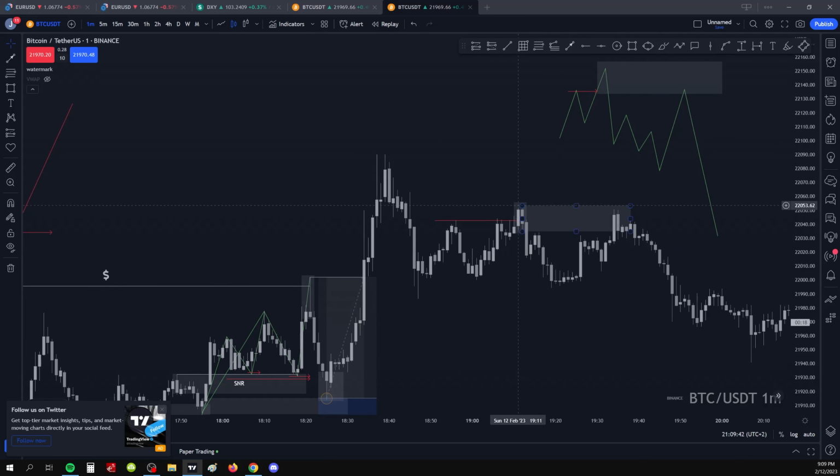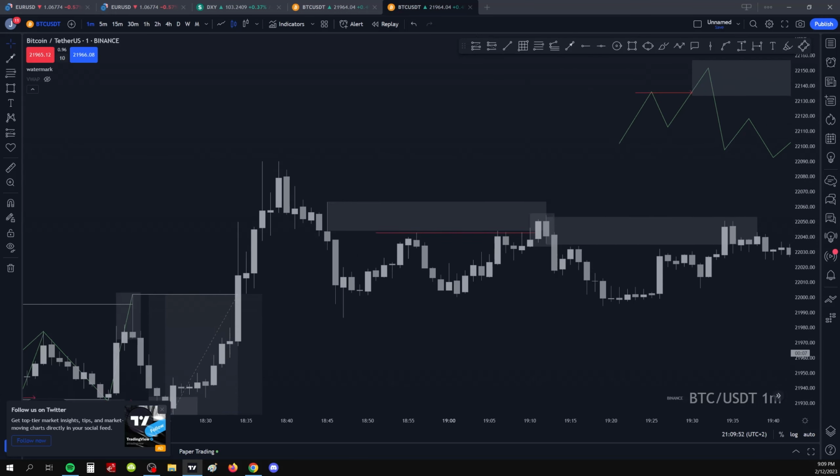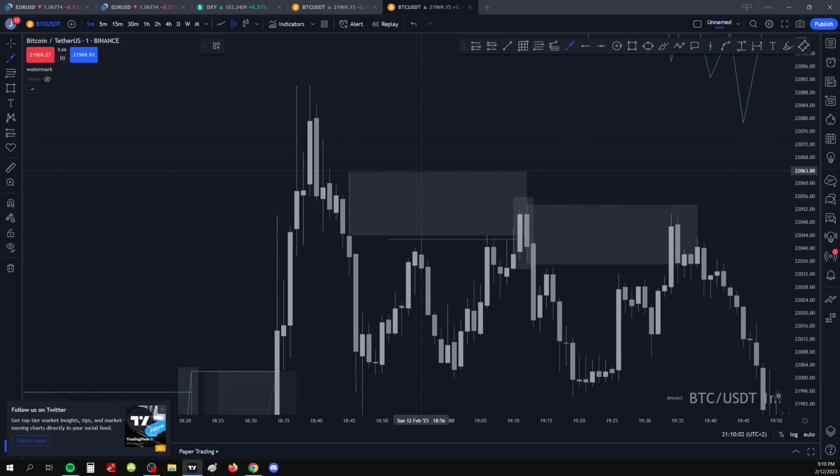Why did we move down from here? Because we have this candle here, and what is this candle? This candle is an engulfing candle. This engulfing candle took the high from these two candles.